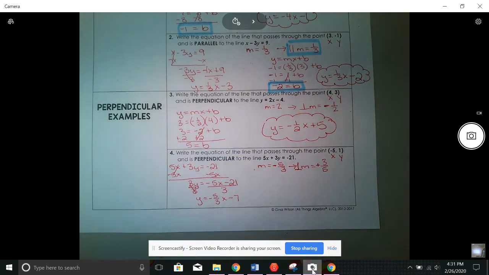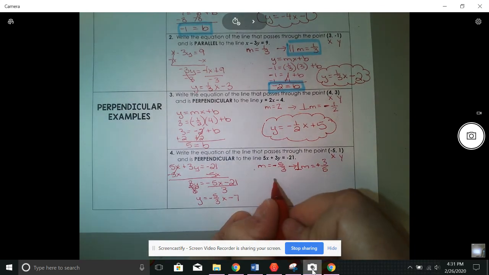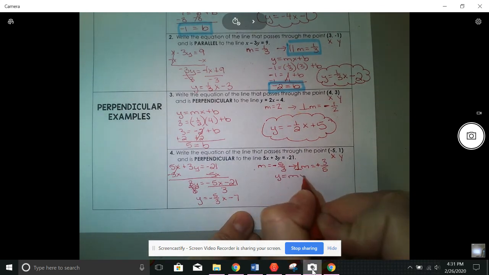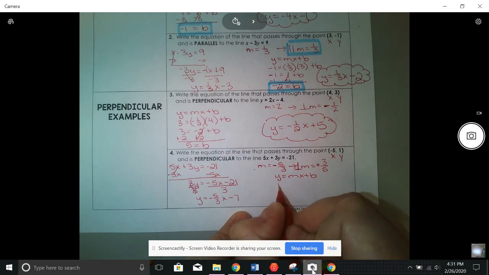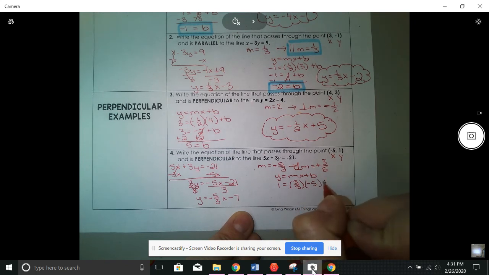So here's what I'm going to plug in for my new equation. I'll have negative 5 for the x, positive 1 for the y, and positive 3/5 for the m. Solving for b.